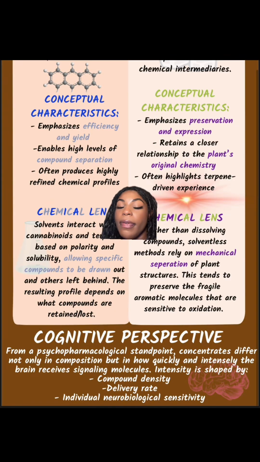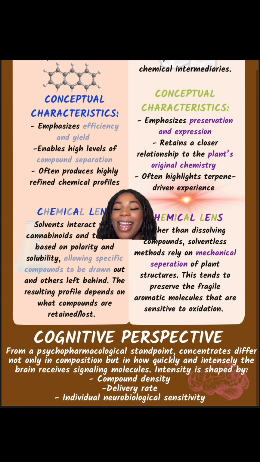And then for more of a chemical lens, because as you guys know, I am doing my master's program right now, so I try to tie it back to psychopharmacology, which is what I am looking to focus my PhD on.